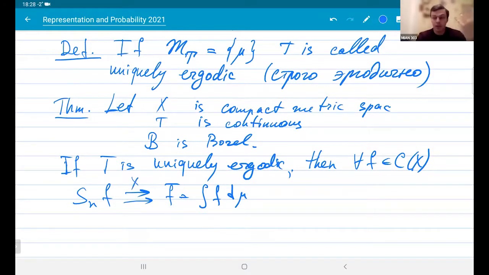So the convergence is uniform, and I don't want to present the complete proof.